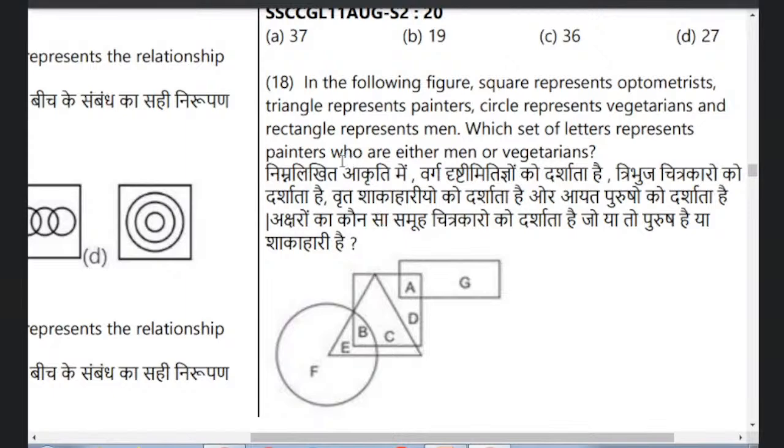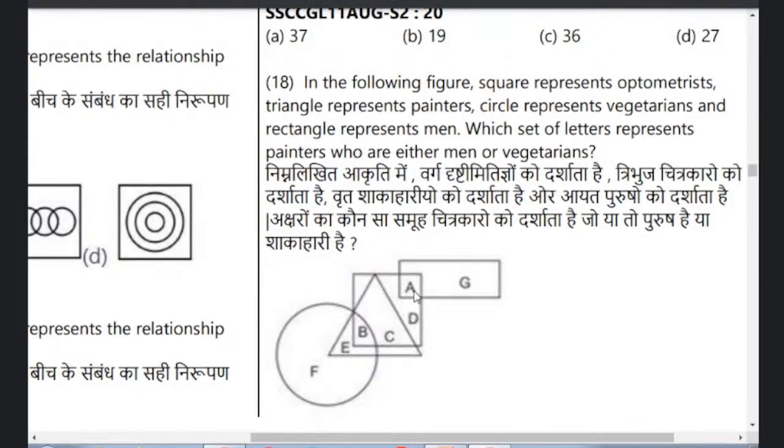The triangle represents the painter, so which letter lies in the triangle? But who is either a man or a vegetarian? Either lies in the circle for vegetarian, or the rectangle for man.